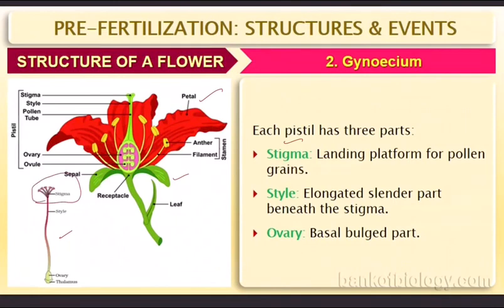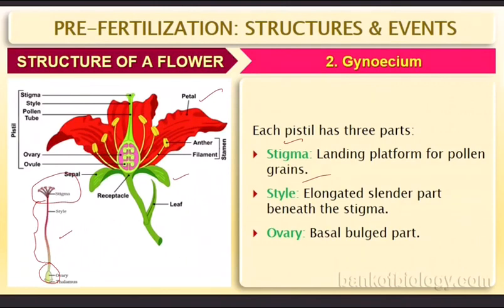Each pistil has three parts: the stigma, this one; the style, an elongated, slender part beneath the stigma; and the ovary, the basal, bulged portion. This is how a pistil has three parts.